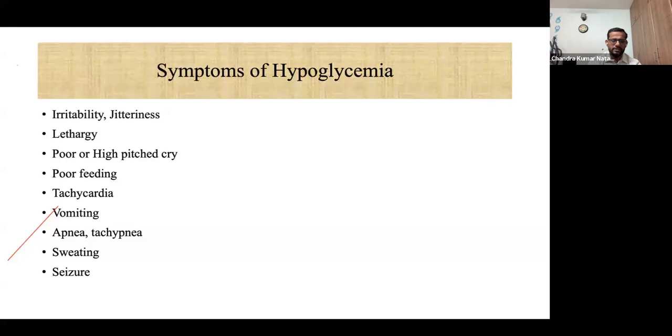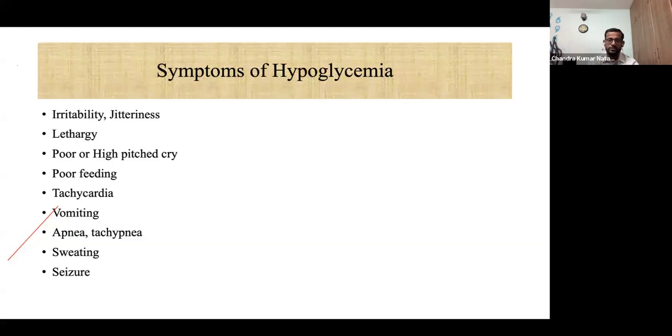In the earlier part, we saw that a baby who is at risk of hypoglycemia may not be symptomatic. We wanted to monitor blood sugars because there is a group of babies who can present with asymptomatic hypoglycemia, whom you want to pick up before symptoms develop. But despite this monitoring, some babies may go on to develop symptomatic hypoglycemia, or some babies may be born outside and then come to you with symptoms of hypoglycemia.